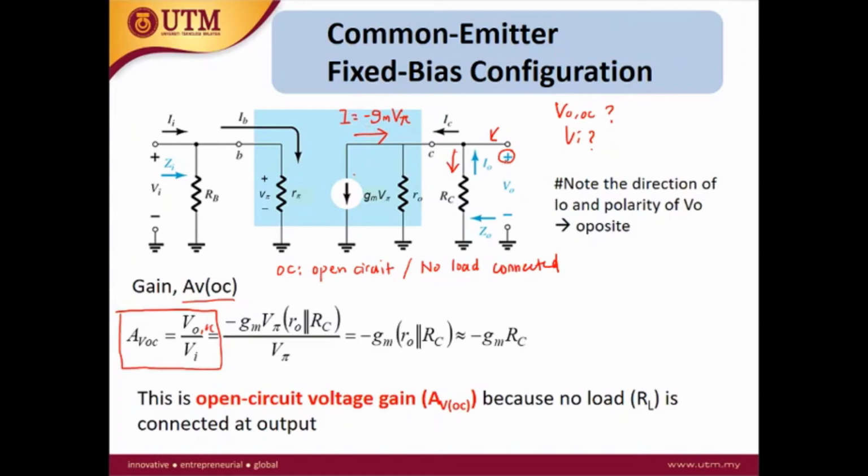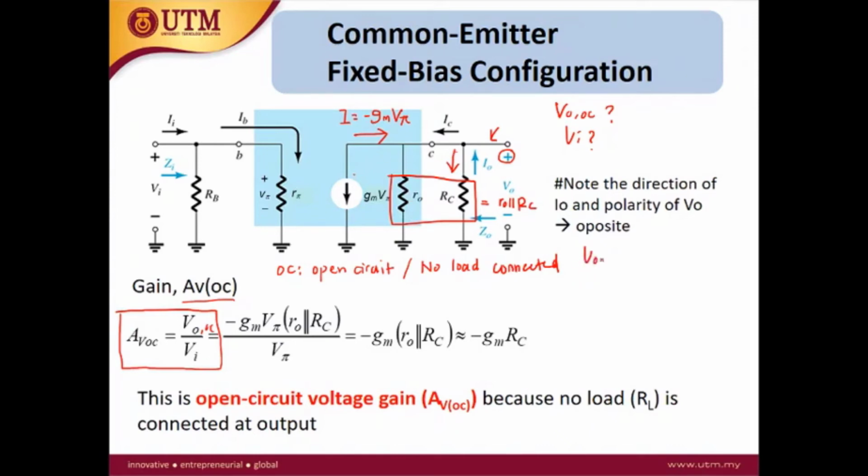Okay, so the voltage across from this point to this point can be calculated using Ohm's law. You can combine the RC and R node as one resistor, which is R node parallel with RC, and then the current across this total resistance is minus Gm V pi.